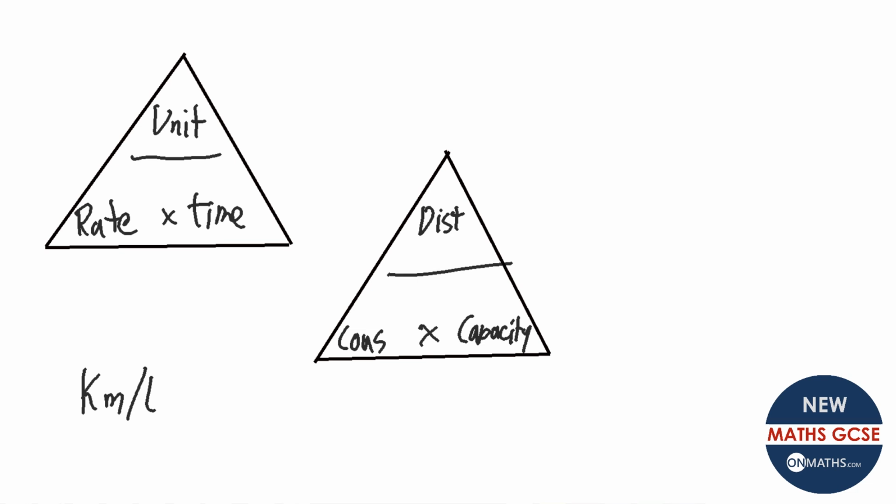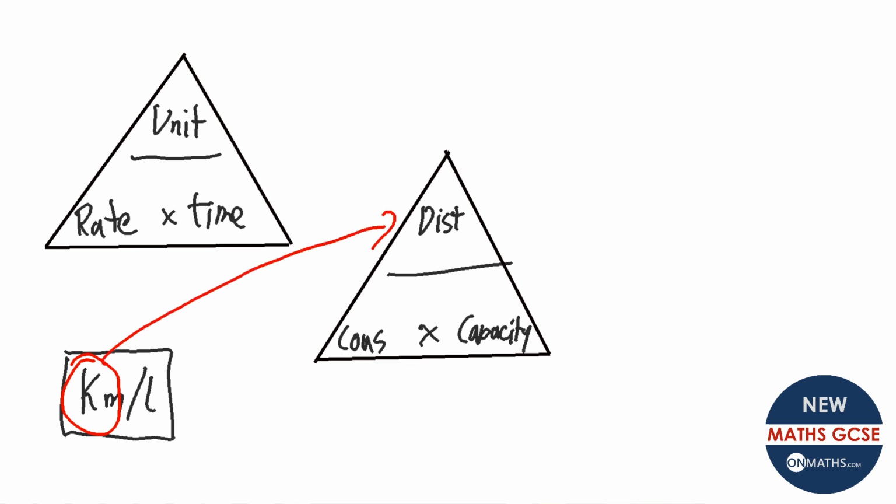So just be prepared to use these triangles over a whole wide range of questions. And if you're given a unit like this, the one on the left hand side will always go at the top, and the one at the right hand side will always go at the bottom. And then whichever one that's describing, in this case, fuel consumption, that's just going to go at the bottom left.